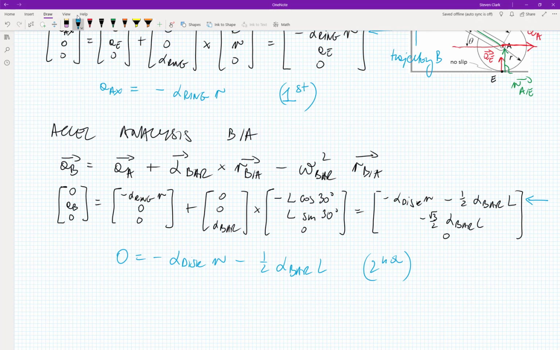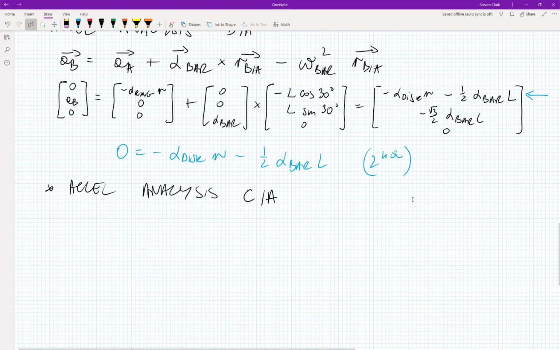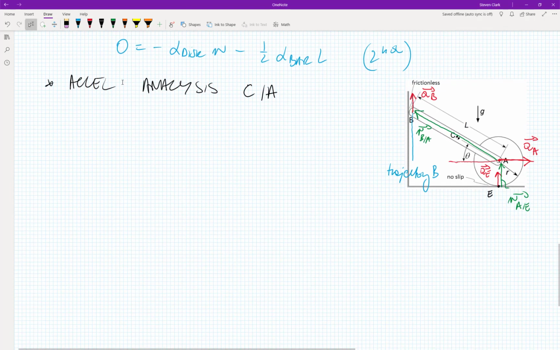We need to go for 2 more equations. And we will obtain them if we run again our acceleration analysis between C and A. And then the problem is solved, guys. So let me write this equation.